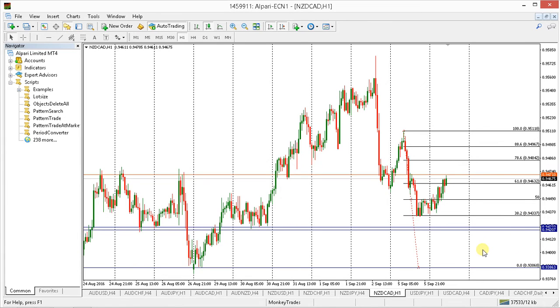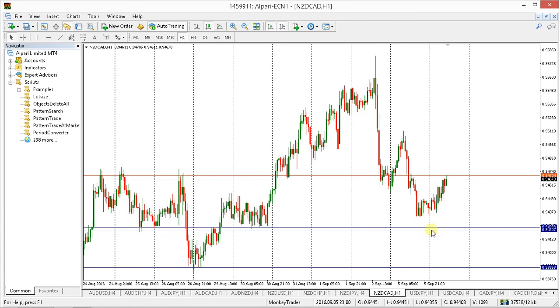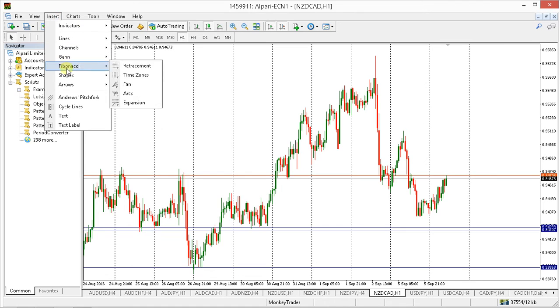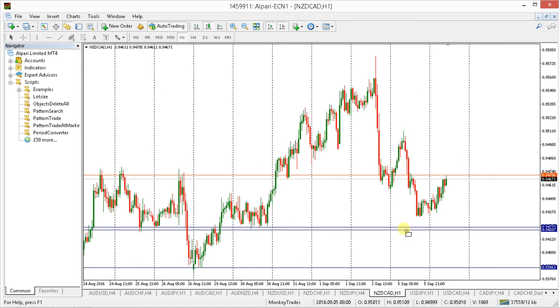So your 3 lines are ready. These are entry lines. And within these lines you'll have a potential reversal zone, something like that, from here to here.